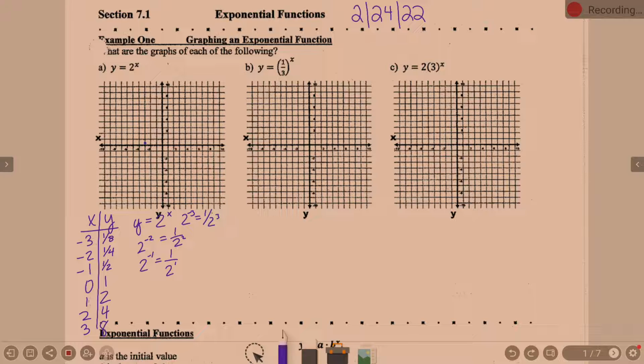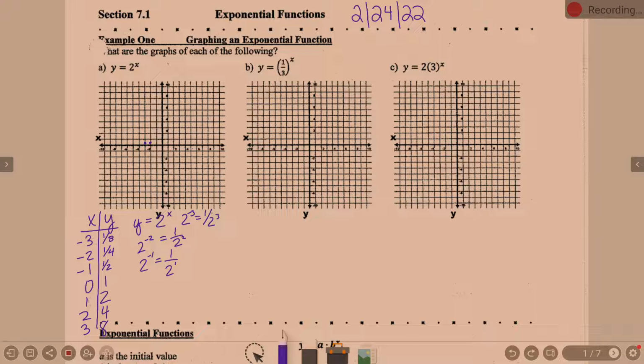It's hard for me to draw that small here. I really went up too much, honestly, right? But you go up 1/8 of a box. Okay. -2, 1/4. -2 takes me left 2, 1/4 takes me up 1/4 of a box.